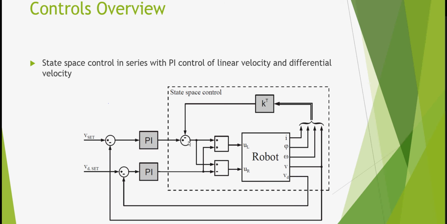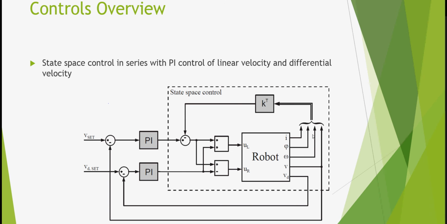And you can see in the state space control you have your robot here. Inputs are torque commands to the left and right wheels, or actually in this case voltage, and then the output's torque. Current was not used in the state space control. Phi, which is the pitch angle, omega is pitch angular velocity, V is the linear velocity in the x direction of the robot, and differential velocity was not used in this project.